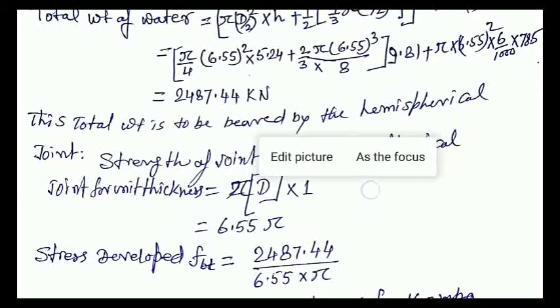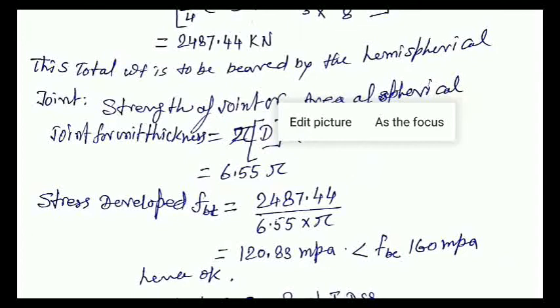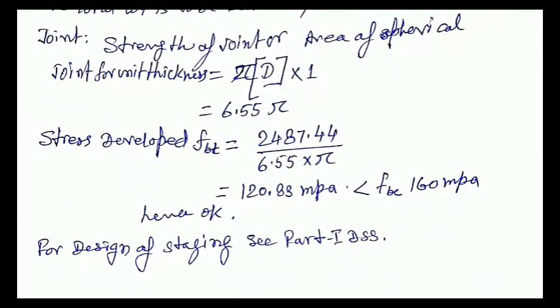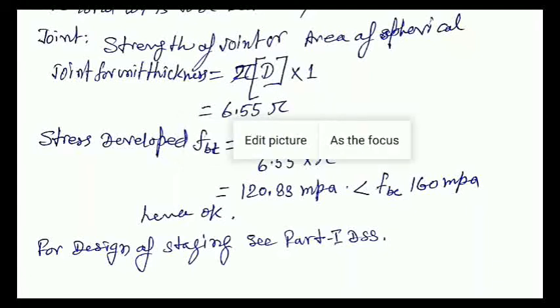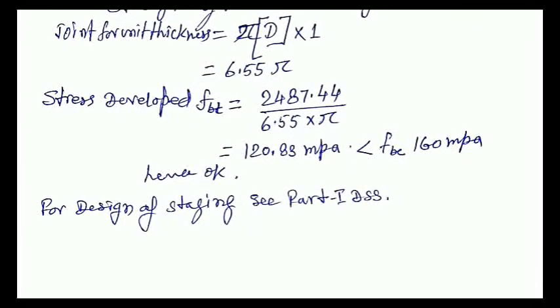So this will be the force for which we will design the hemispherical joint. So now strength of joint, or area of spherical joint for unit thickness. So the area of spherical joint is 2 pi r, or we can say pi into d into unit thickness 1. So it comes out to be 6.55 pi.